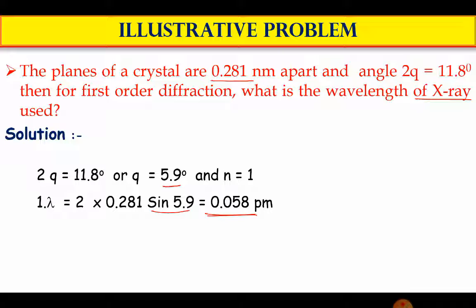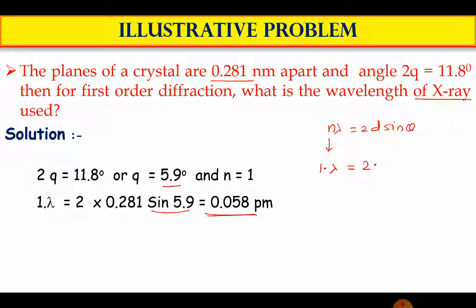So you can see here with the help of the equation n lambda is equal to 2d sin theta, n is equal to 1 because it is the first order system, so 1 into lambda, we have to find out the lambda.